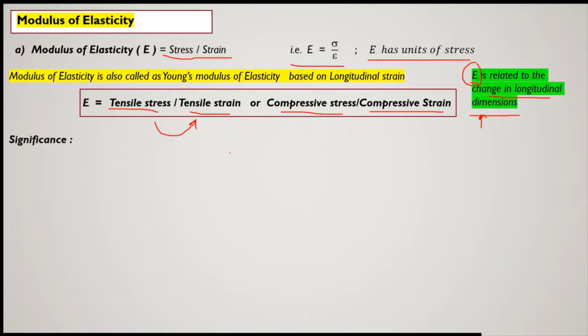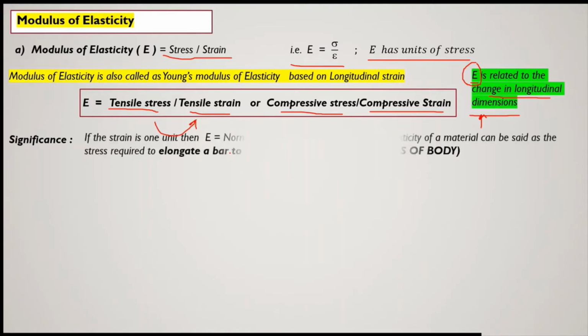So now, the significance of modulus of elasticity: why are we concerned about understanding the modulus of elasticity of a material? Now let us consider, since modulus of elasticity is the ratio of stress upon strain, if strain is 1 unit, then the modulus of elasticity value will be equal to the stress.